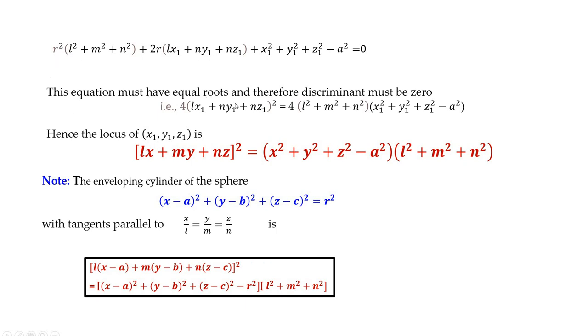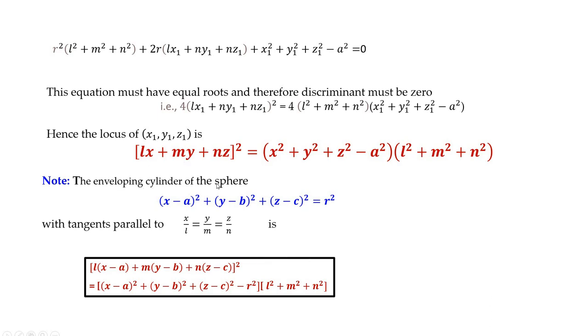This equation must have equal roots and therefore the discriminant must be 0. So 4, and that is b square, should be equal to 4ac. A is this, c is this, b square, that b is given by this. So therefore the locus of x1, y1, z1 will be, you can cancel 4, and then you have this. So that is the equation of the enveloping cylinder.